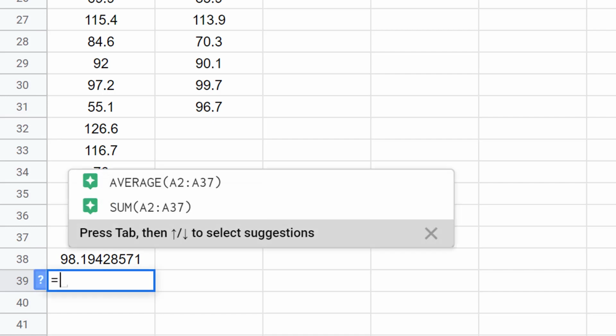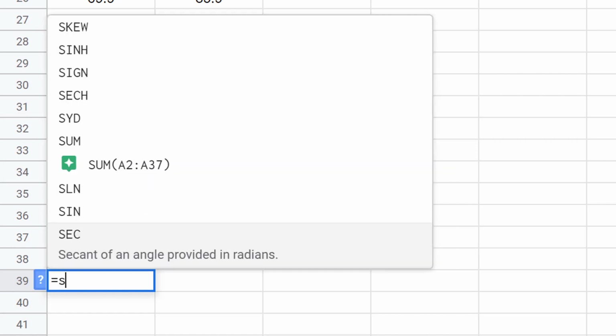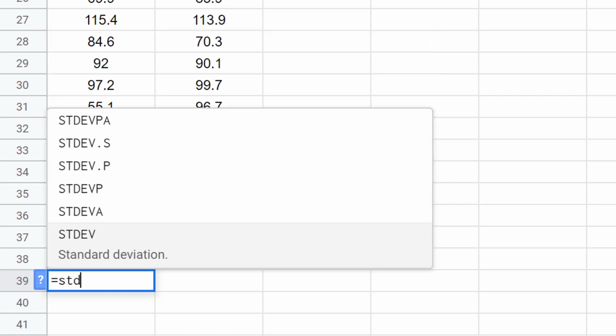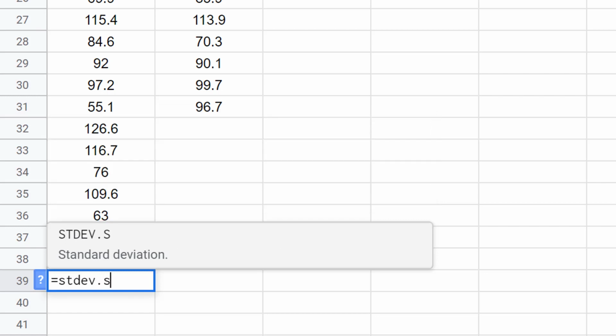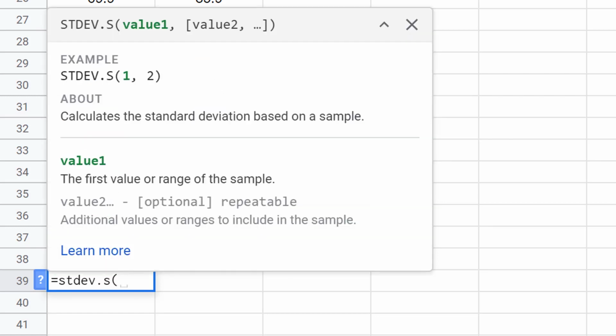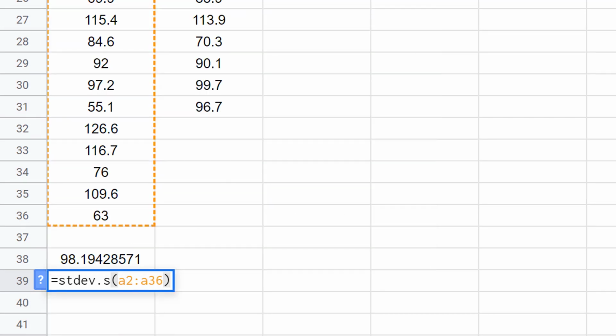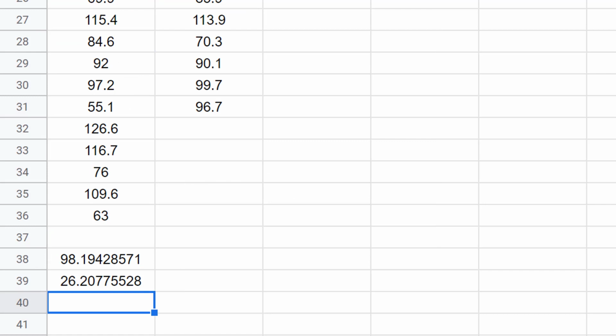Then I want to do the standard deviation. So that's equals STDEV dot S to indicate that this is a sample standard deviation. And again, it's going to be A2 to A36. And I get my sample standard deviation is 26.21.